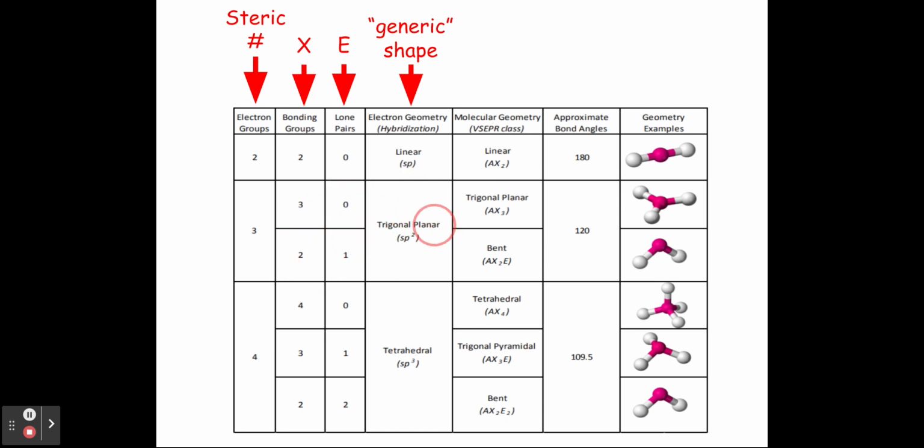So this electron group geometry is the generic shape of the molecule, and that's the same no matter what regarding the electron groups. So here we have 4 electron groups total. And so all of these molecules will have a tetrahedral electron group geometry. Now, their molecular geometry is whatever the shape of the molecule is.